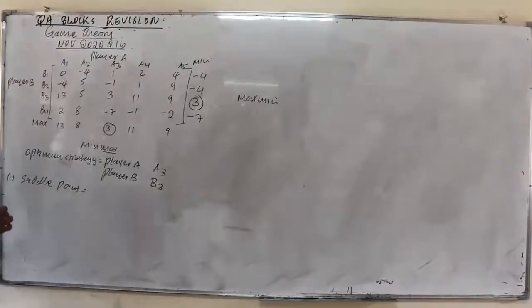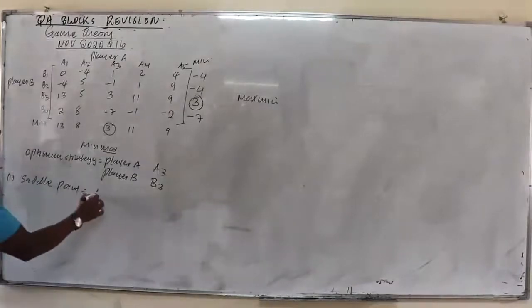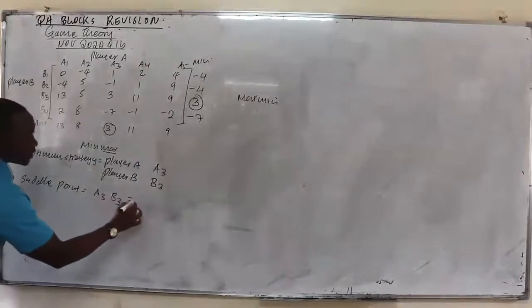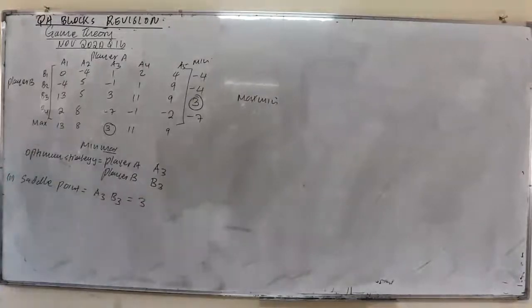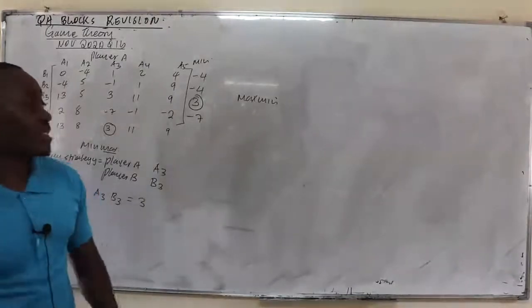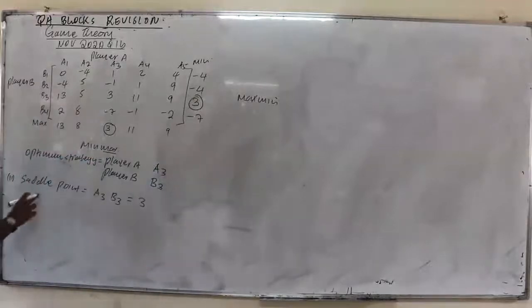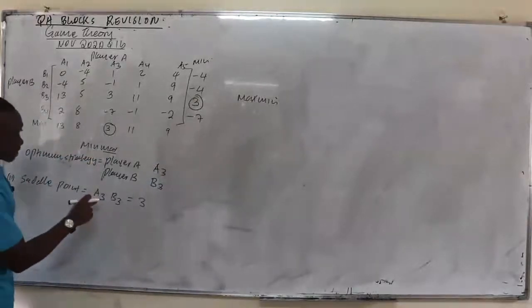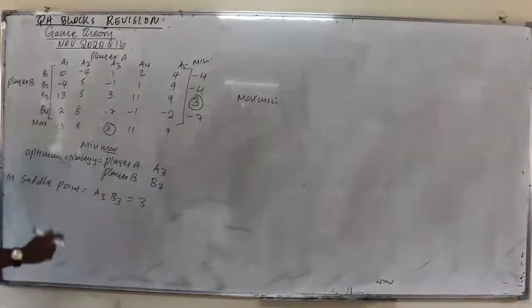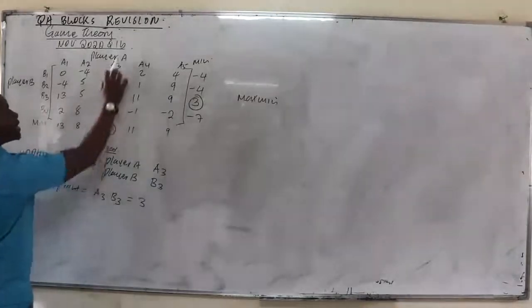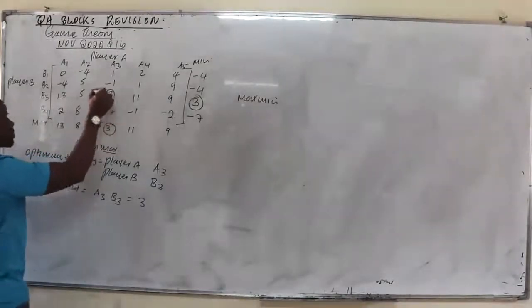And the saddle point in this case is A3 and B3 with a saddle point of 3. And that 3 becomes the value of the game. Whenever there is a saddle point, you have 3 and 3, and that becomes the value of the game. So the saddle point is the meeting point between strategy A3 and B3.